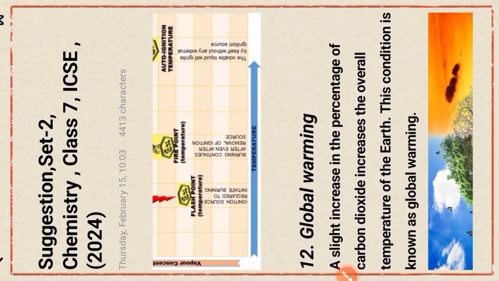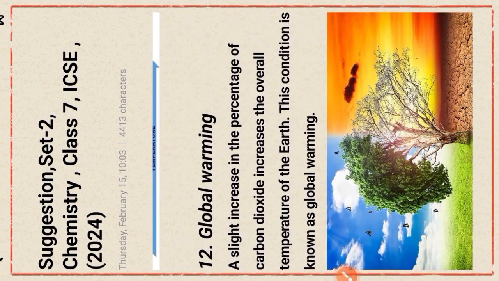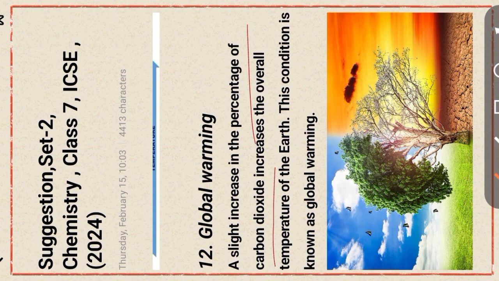Okay. Next, what is global warming? This name is known to nearly everyone. Global warming: a slight increase in the percentage of carbon dioxide increases the overall temperature of the earth's surface.